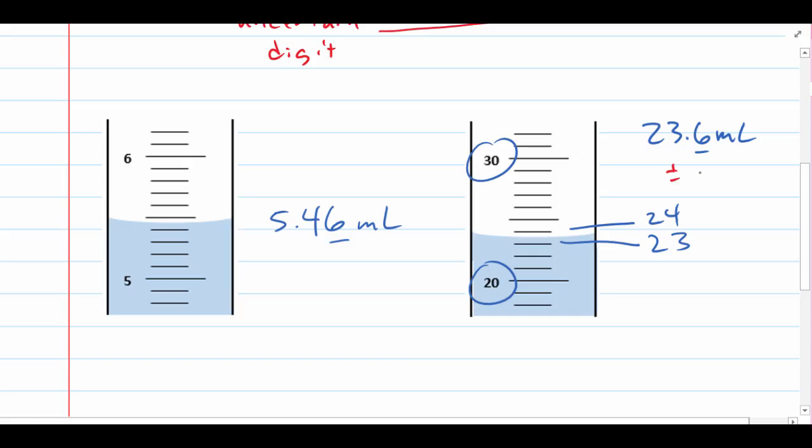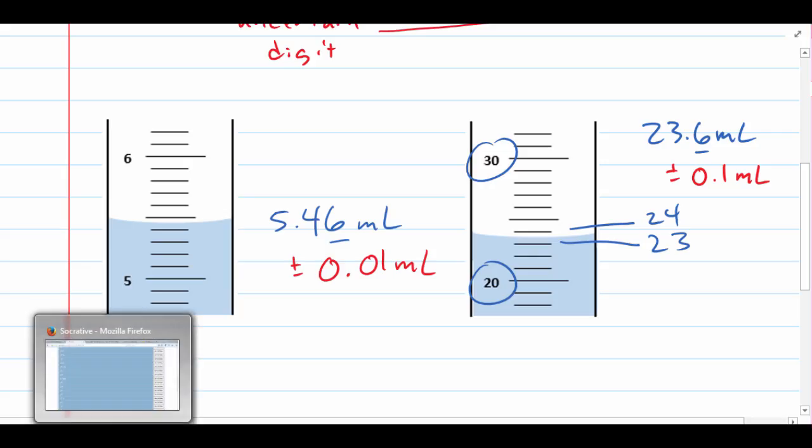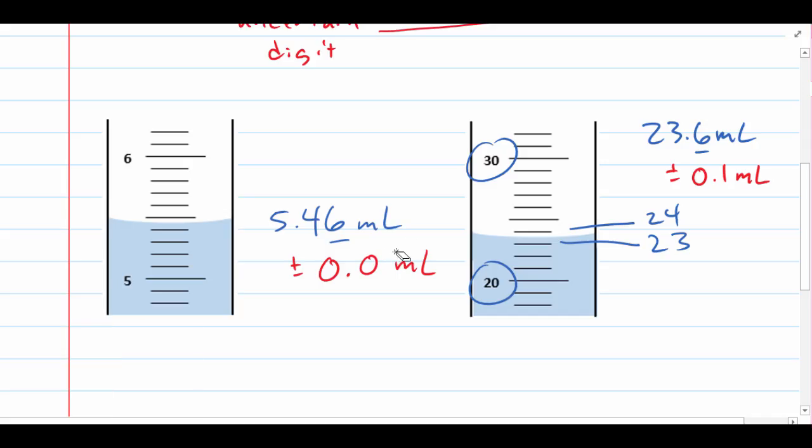Plus or minus 0.1 milliliters. And on this one, it would be plus or minus 0.01 milliliters. So again, the implied uncertainty, it's not really a right or wrong answer. It might be plus or minus 2 in the last digit.